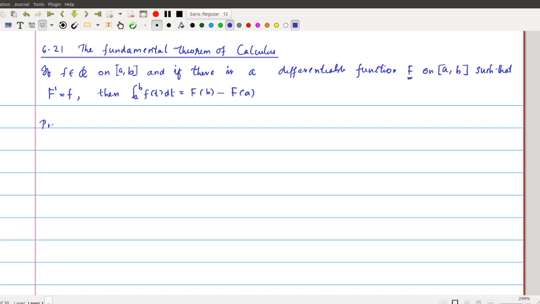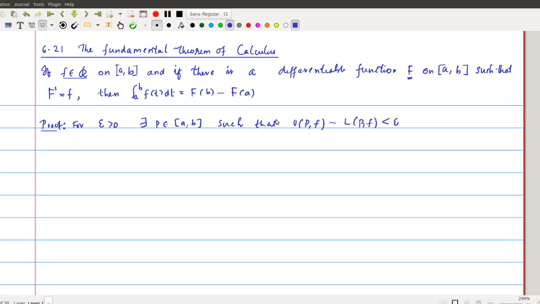Okay, we prove this theorem starting with the definition of the integrability of small f. From f belongs to R, we can get that for every epsilon greater than 0, there is a partition P of [a,b] such that U(P,f) minus L(P,f) is less than epsilon.